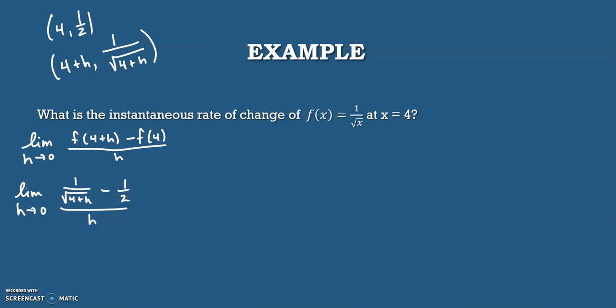All right, I see a fraction, and my first thought with fractions is common denominator. My other thing is that this is a limit, so let's try plugging in 0. If I plug in 0, I get 1 over square root of 4 plus 0, which is 1/2, minus 1/2, which would be 0 over 0. So we can't just plug in, we have to do more work.